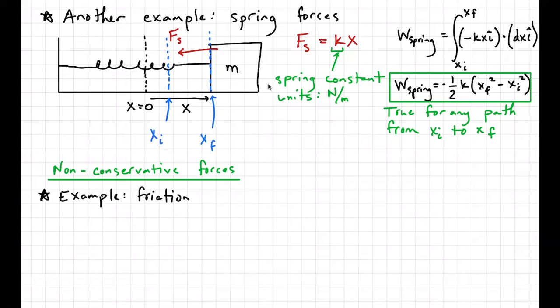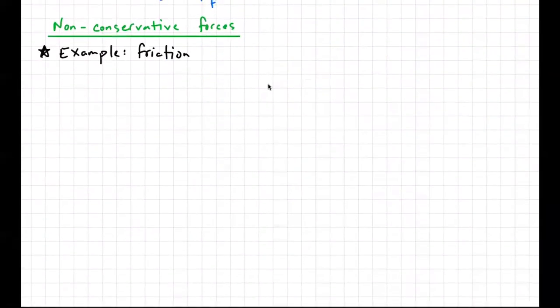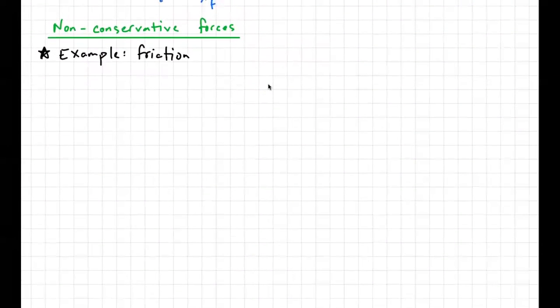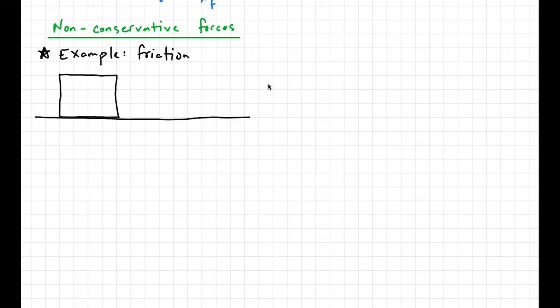So for example, let me draw yet another picture. Here's a picture of a mass that is sliding or being pushed around on some plane. Let's say this block has mass m. It has some initial x position here.